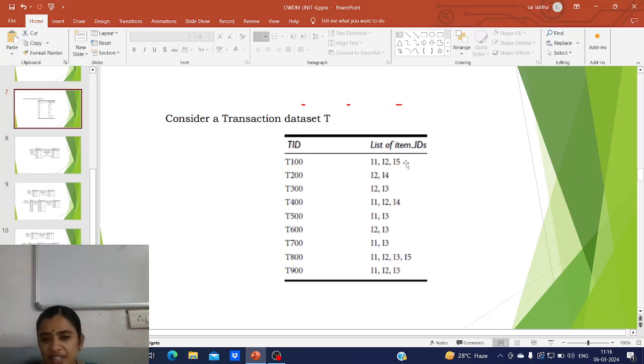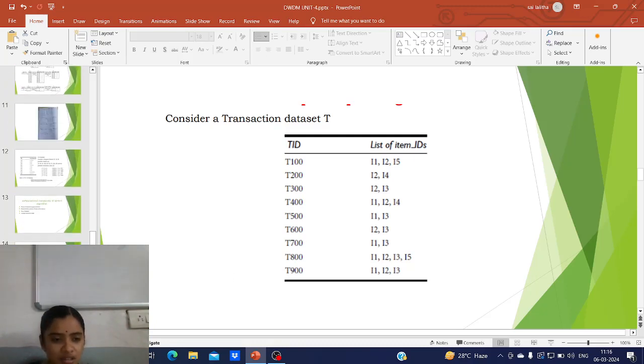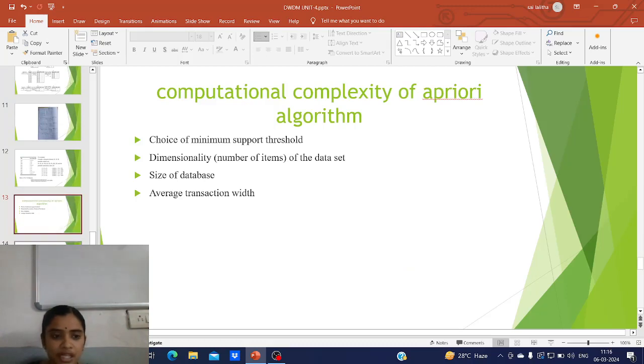If you limit the transaction width, for example I want to take only the transactions whose width is 3 or 2, at that time you can reduce the computational complexity. That is one of the advantages. But if you limit the transaction width, some necessary items may be missed. That is also a drawback. At that time we can't get the perfect frequent items. So that is one of the computational complexities of the Apriori algorithm.